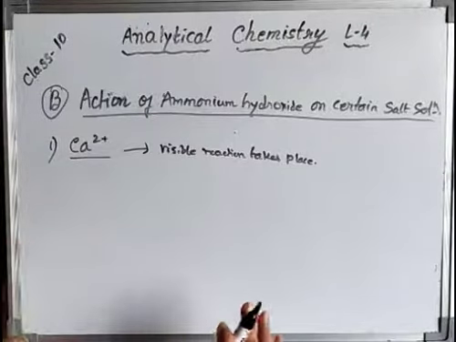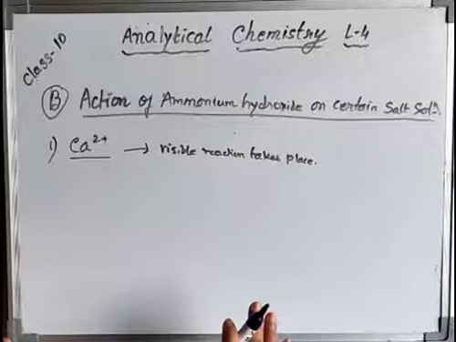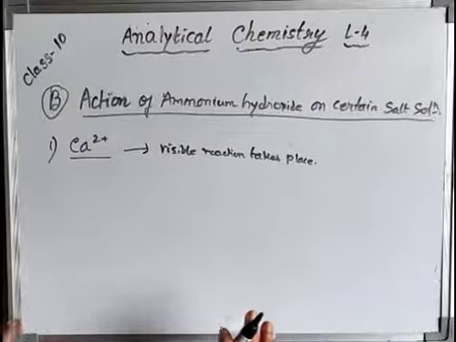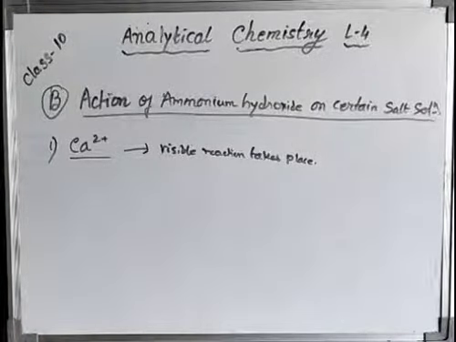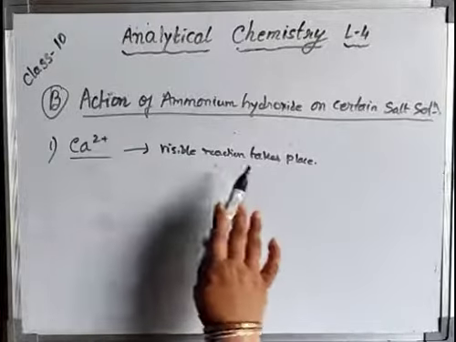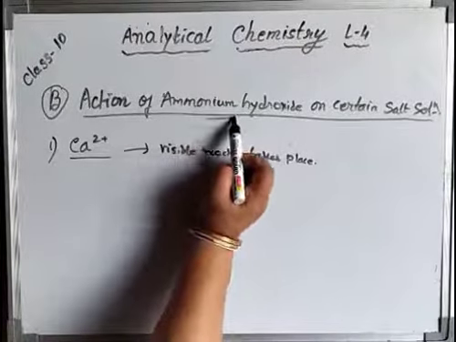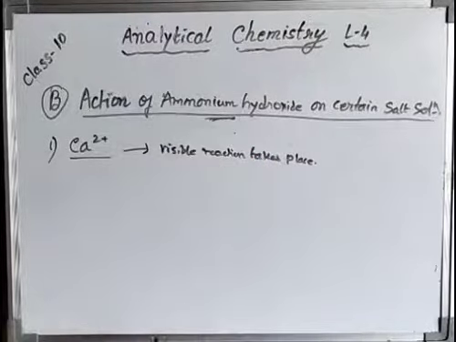Some of the salts will behave the same, some will behave differently. Why is it not giving a reaction here, when NaOH gives the reaction? Because it is a weak alkali, so it cannot react with this.